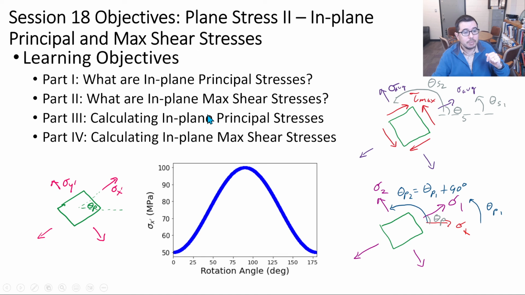What are in-plane maximum shear stresses? A state where you have maximum shear stress, and you have some average normal stress associated with it, and it's possible that that average could be equal to zero. We figured out how to calculate the in-plane principal stresses using a fairly straightforward equation, and similarly, how to calculate the in-plane max shear stresses.